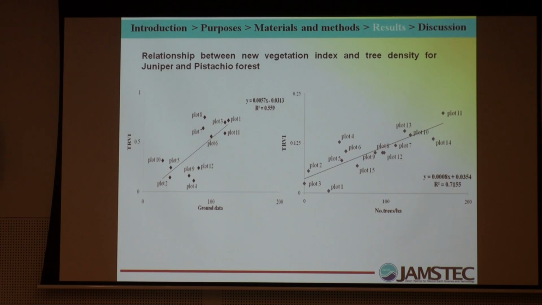For the new vegetation index, we put the new vegetation index on the y-axis and the ground data on the x-axis. You can see for the juniper, R-square is about 0.55, and for pistachio, slightly more than the other vegetation indices, about 0.71.